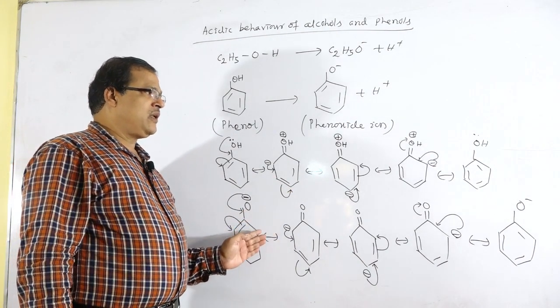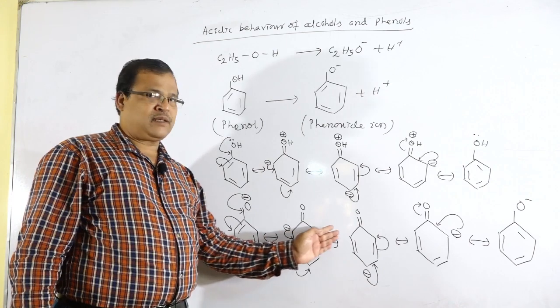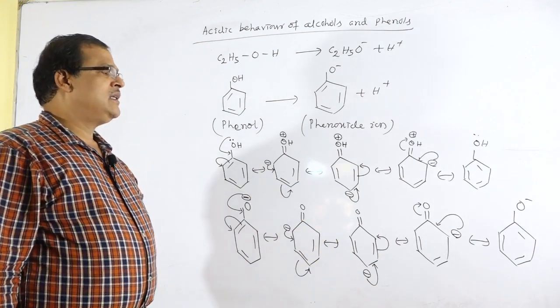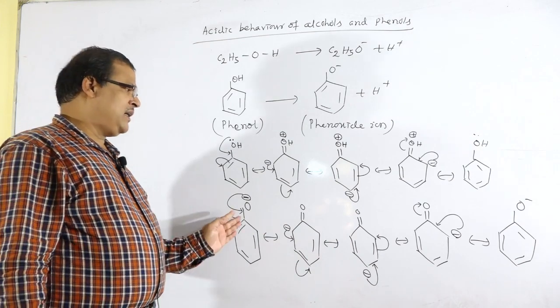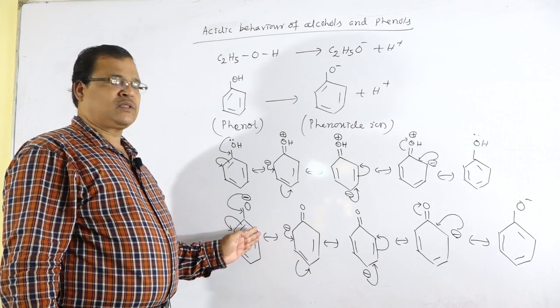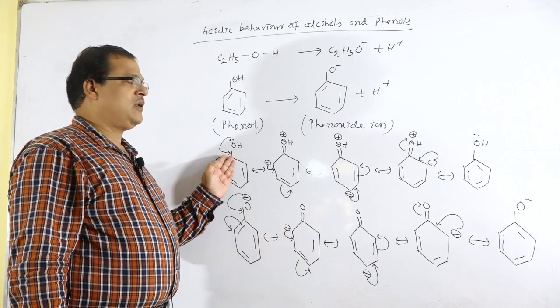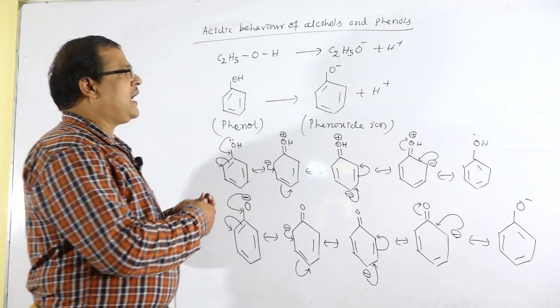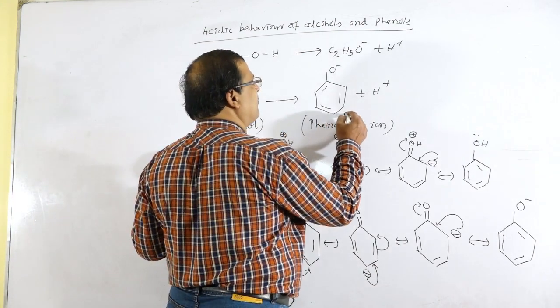So in phenoxide ion there is no charge separation and the more electronegative element carries the negative charge, therefore it is a more stable structure compared to phenol. So among these two, phenoxide ion is more stable.